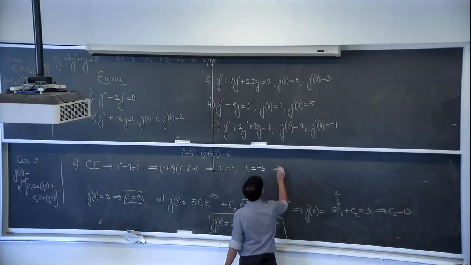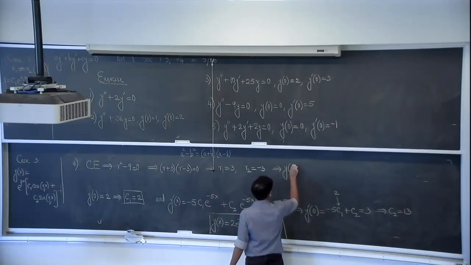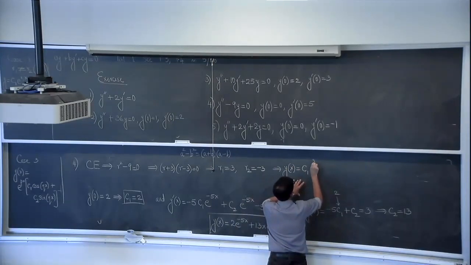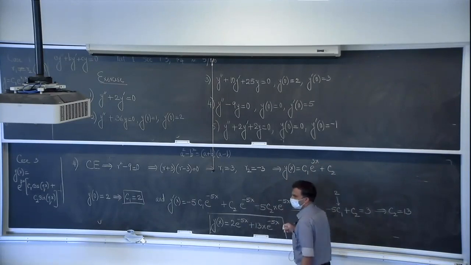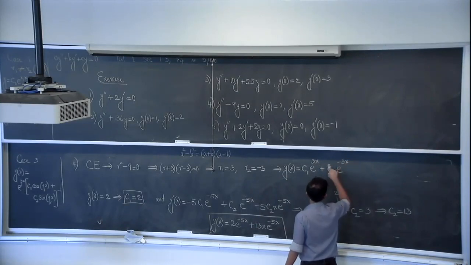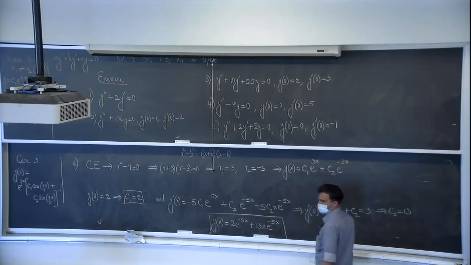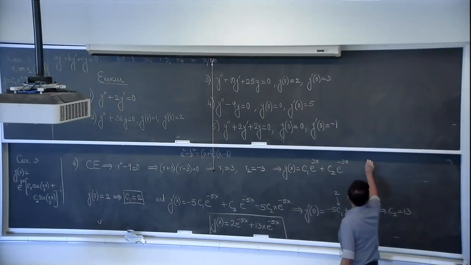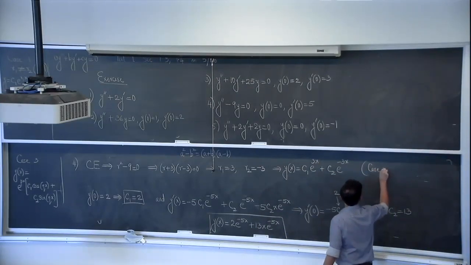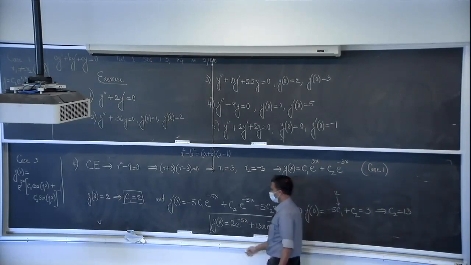All right, so we have y of x equal to c1 e to the power of 3x plus c2 e to the power of -3x. This is case 1, because negative 3 and 3 are not the same.